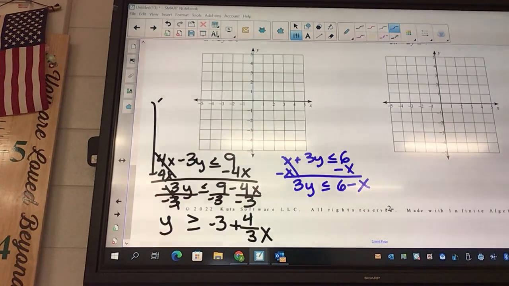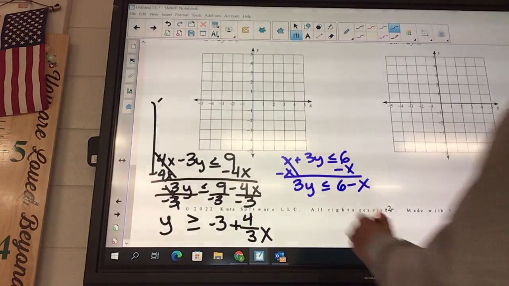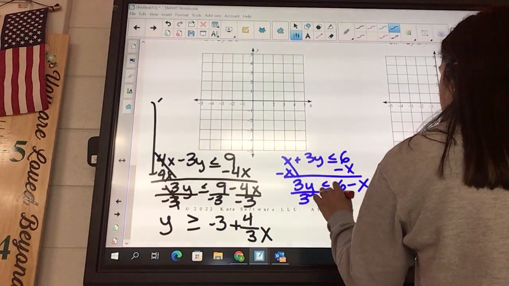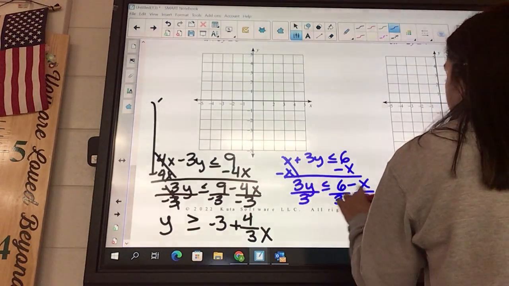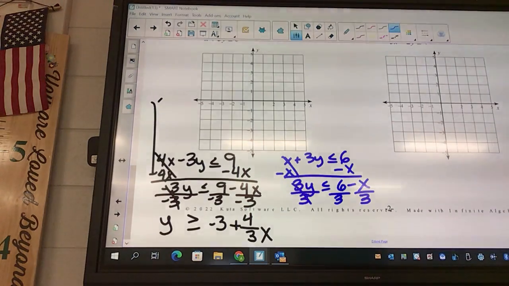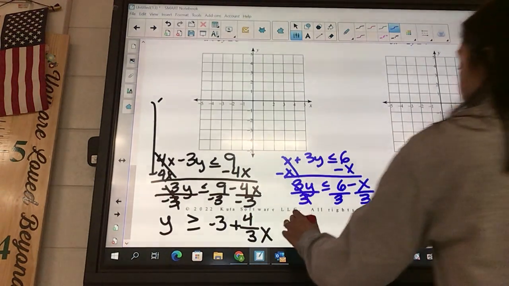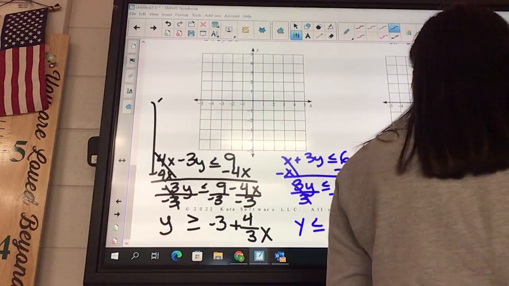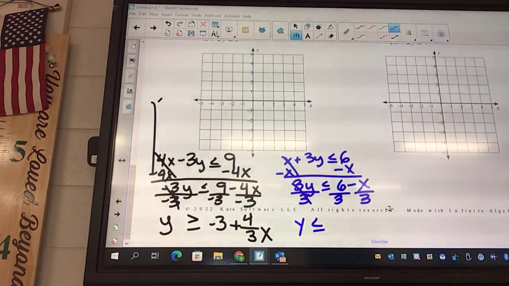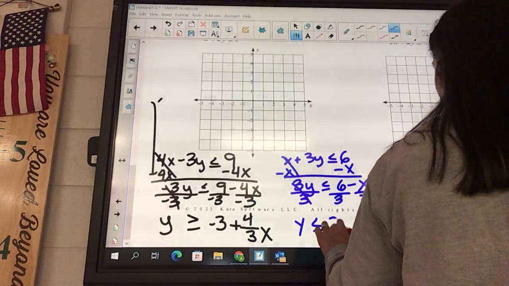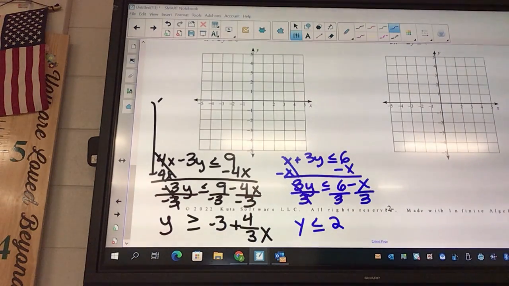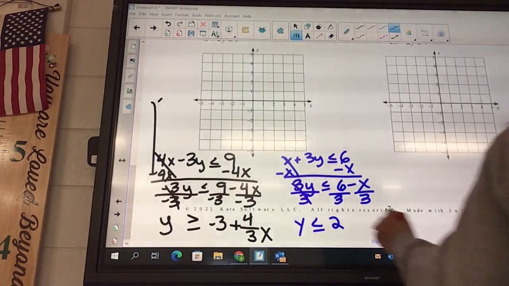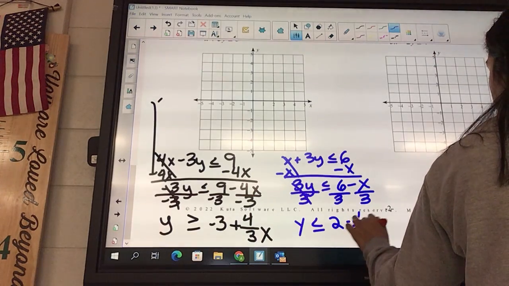Divide by 3. Do we need to flip our sign? Why not? The 3 is not negative, so we do not need to flip our sign. So we got y, and we keep our sign the way it is. What is 6 over 3? 2. Negative x over 3. Negative 1 over 3x.